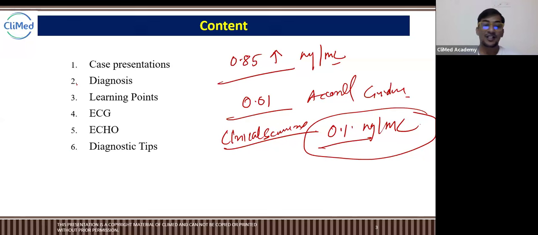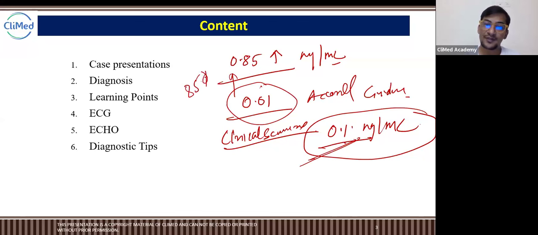Okay, no worries. So, when it comes to the clinical side, we consider up to 0.1 ng per ml as the normal level. According to guidelines, this is the normal. But when it comes to this patient, it is very, very high, 850% higher than this.